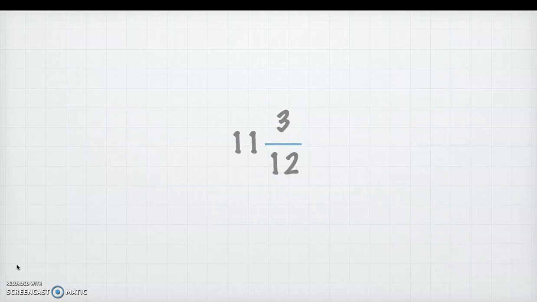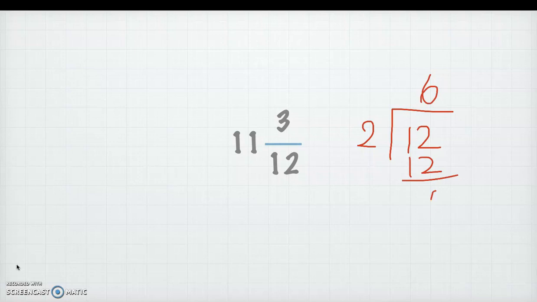I have 11 and 3/12. Again, my first step is to look at my denominator. My denominator is 12. What is half of 12? If you don't know what half of 12 is, remember you can just divide your denominator by 2. 12 divided by 2 equals 6.